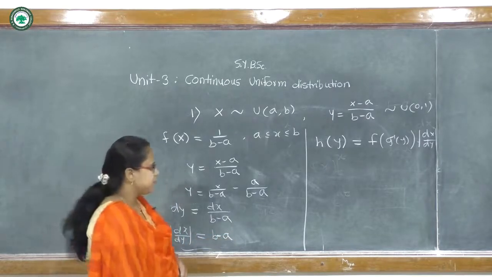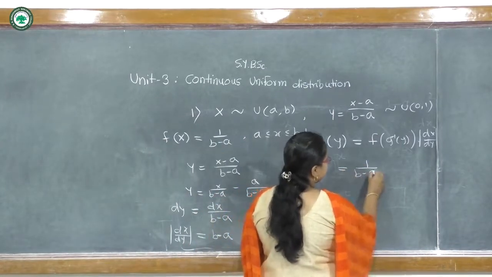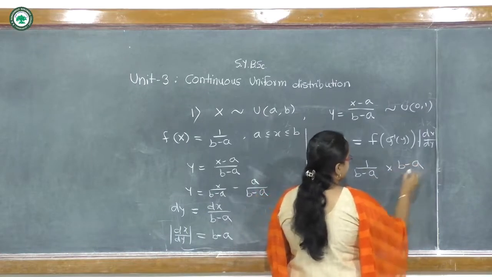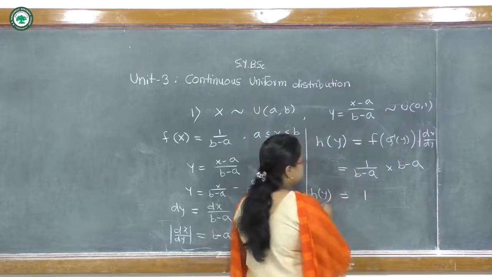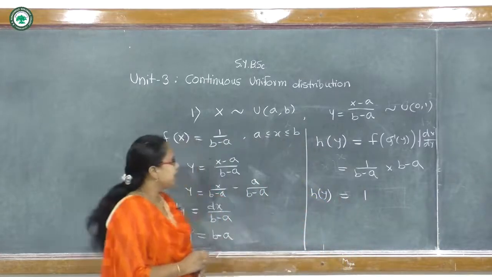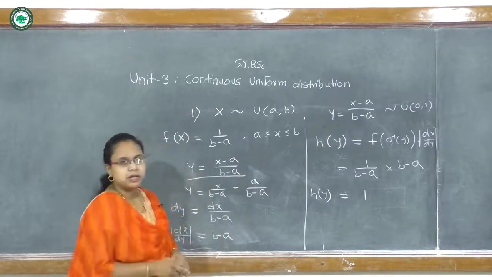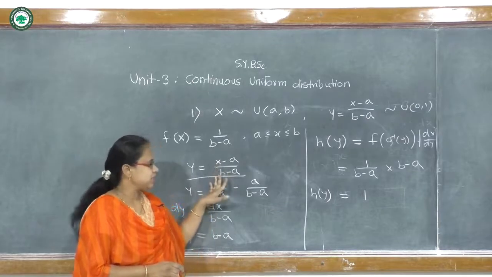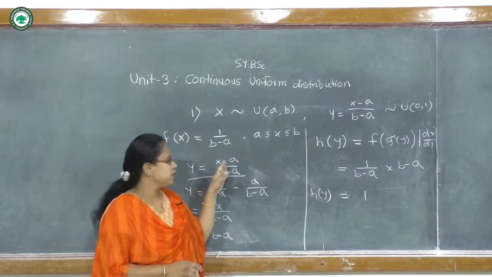So let us substitute there. The PDF into b minus a will be equal to 1. Let's see the range of y. Suppose we put x equal to the lower limit a, then we get 0. If we put x equal to b, then we get 1.